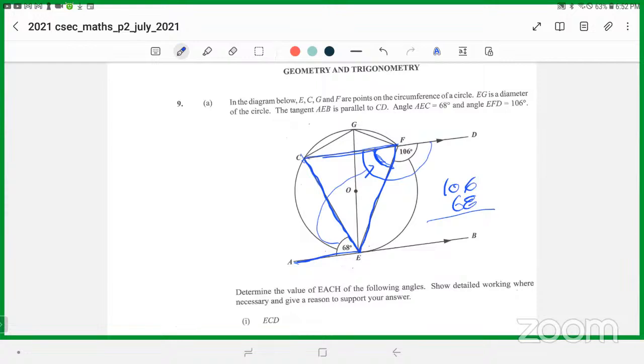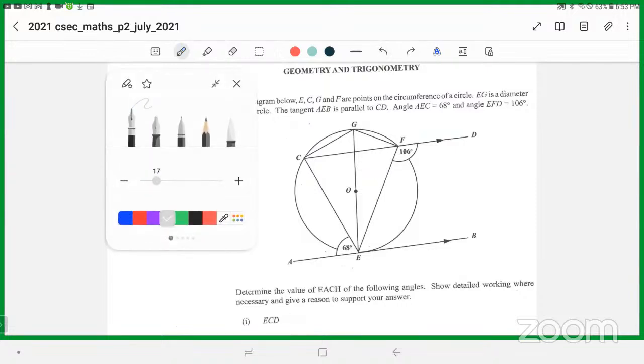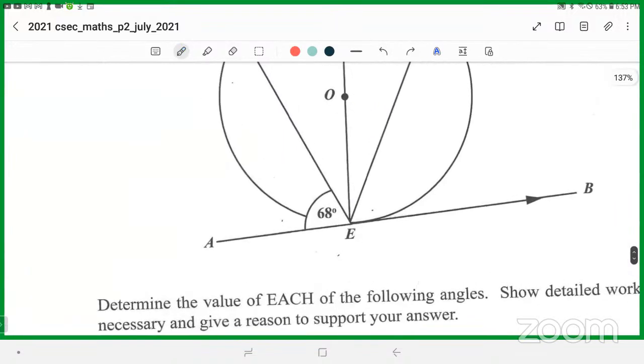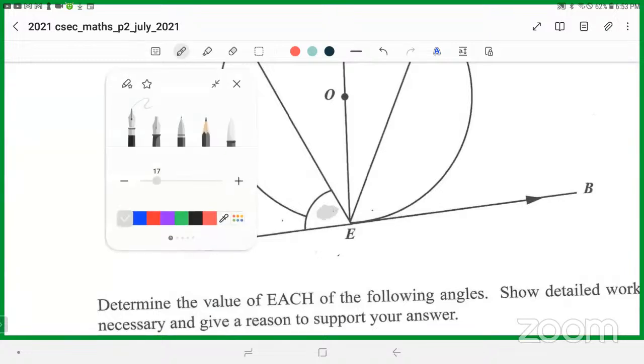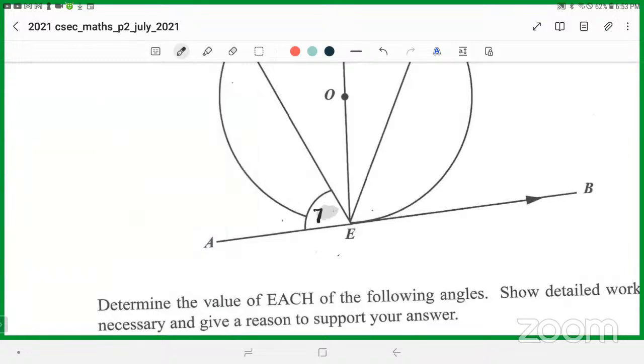See that? So in the paper that I gave you, I made the adjustment and I put this angle as 74 so that it can work. So there's consistency in the values. So this angle we're working as 74 degrees. That's what I gave you on the paper.